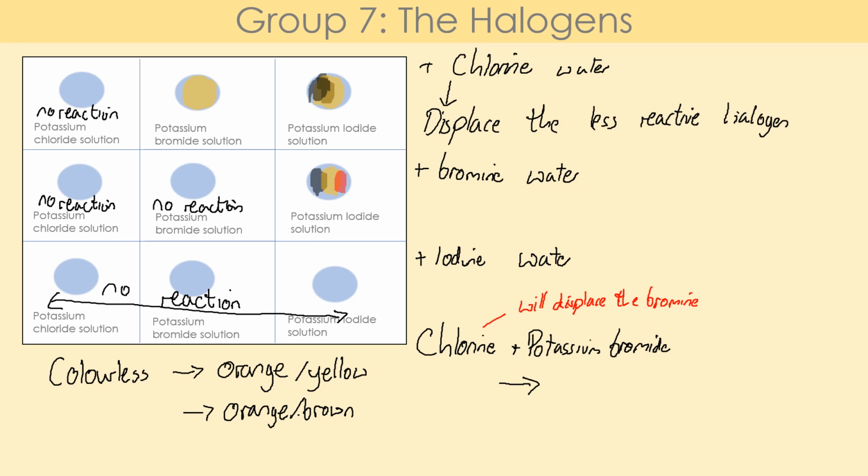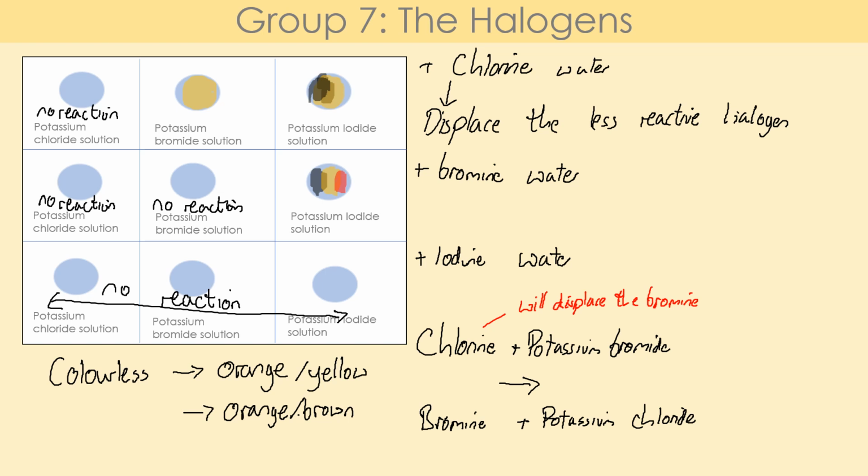All we're doing is switching them over. So we then make bromine plus potassium chloride. So we'll displace it over. We would get a colour change as well, going to sort of an orangey yellow.